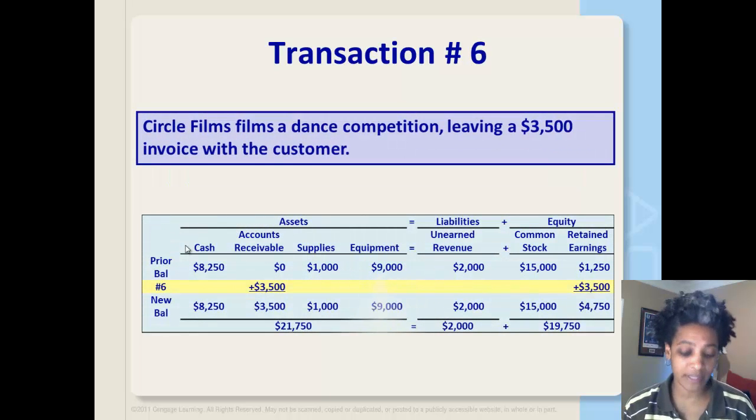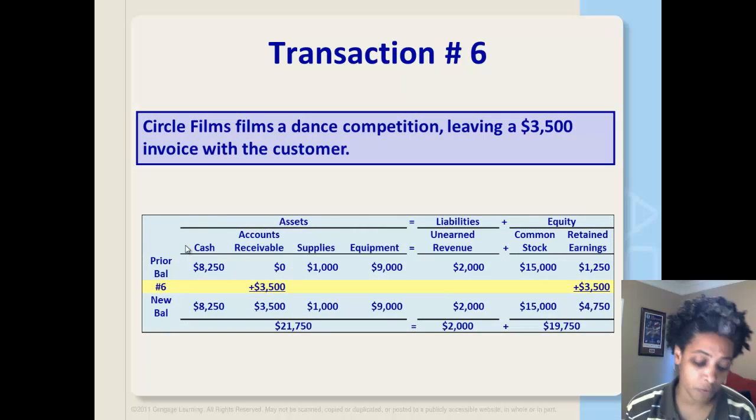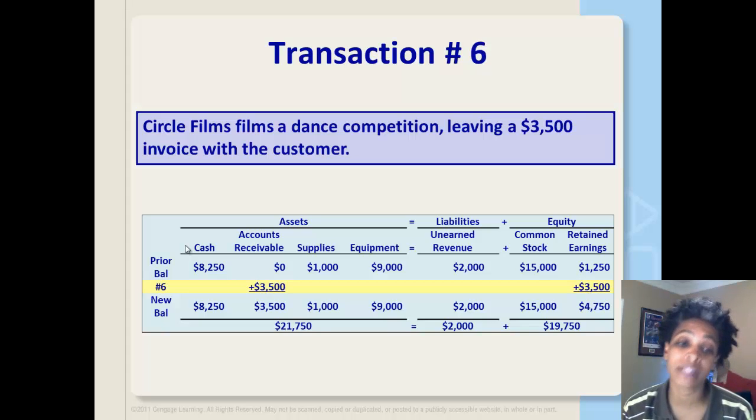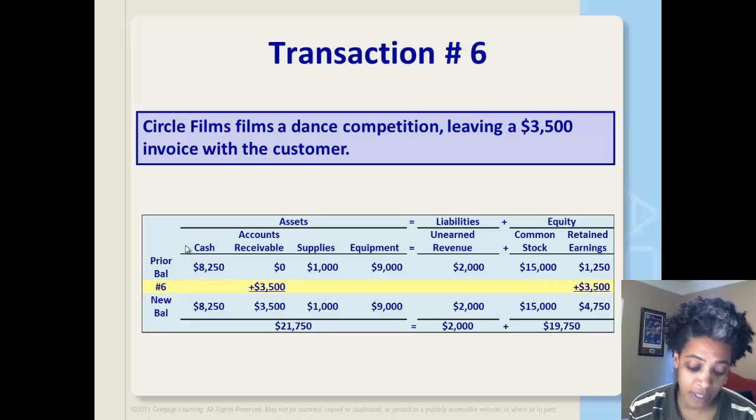In our next transaction, still continuing with Circle Films, Circle Films doesn't receive any cash at the time of this dance competition. Instead, they leave an invoice, and that results in a receivable from that customer. So therefore, Circle Films' assets are increasing. Even though they don't get cash, accounts receivable is an asset. So accounts receivable is going to increase.